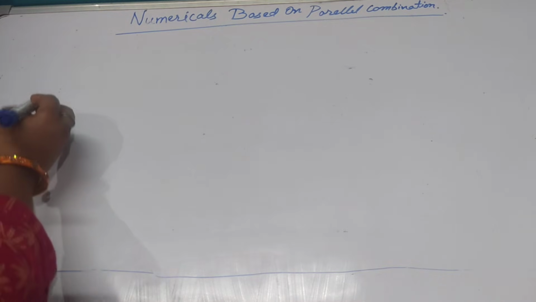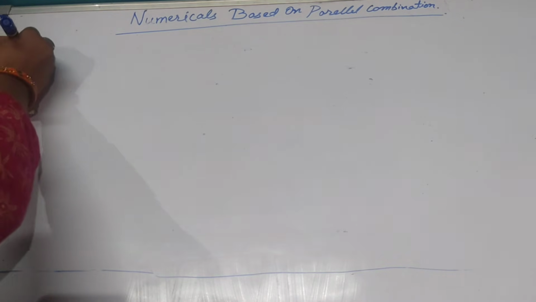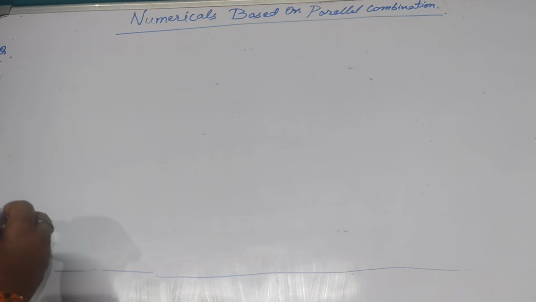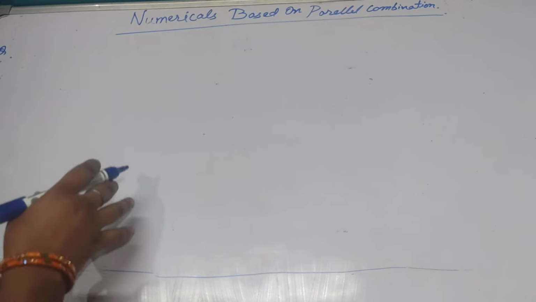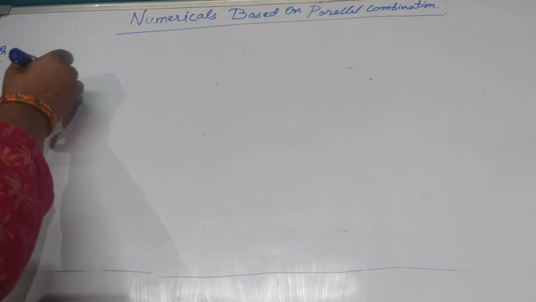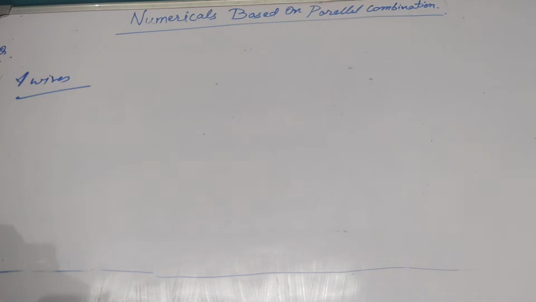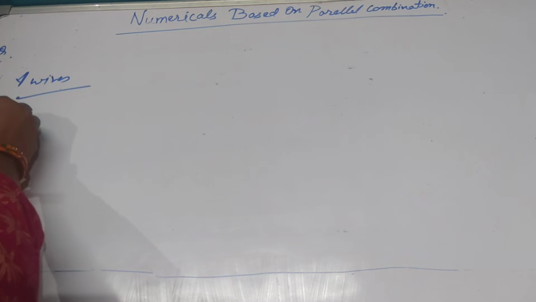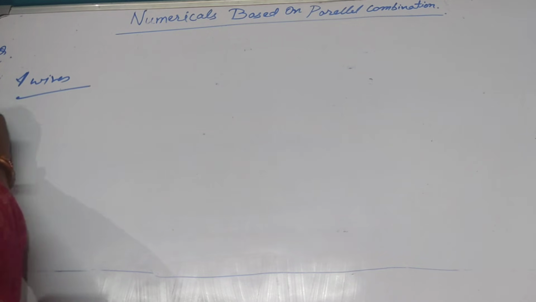Question is there: four wires of the same material, the same cross sectional area and the same length, when placed in parallel give a total resistance of, means R total of what?